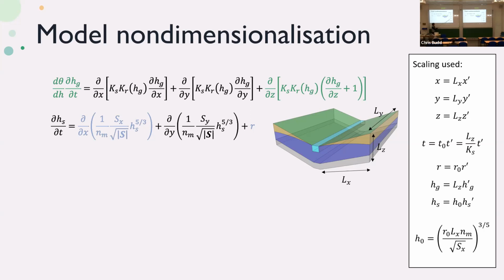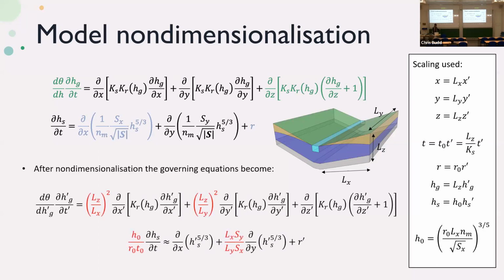And I rescale the surface height, Hs, with H0 in order to balance the two terms marked in blue in the second equation, which will be the typical height of the surface water in a steady state. By doing this non-dimensionalization, I'm obtaining the following equations in which we have 4 packs of the dimensional parameters, which form 4 dimensionless quantities, called beta x, beta y, tau s, and xi.